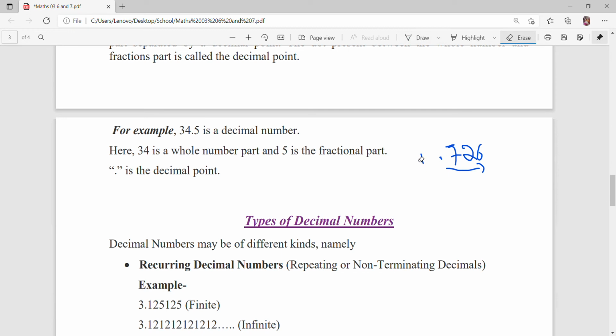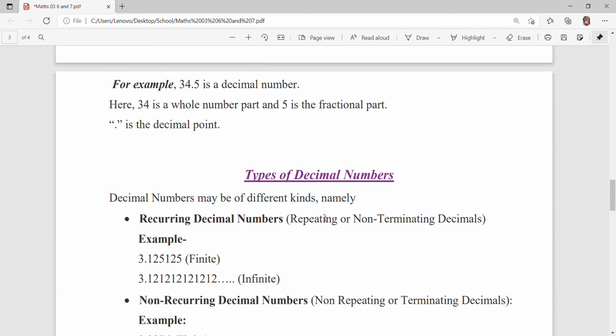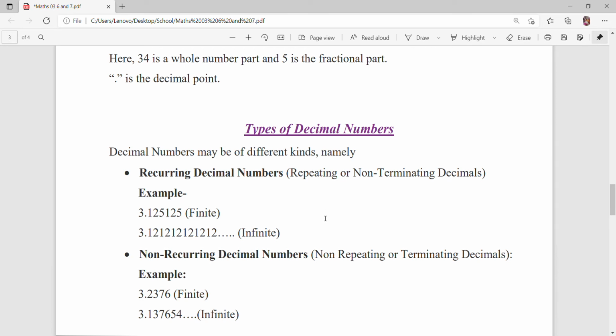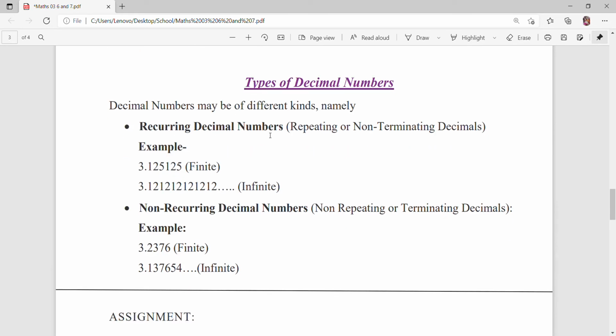Okay, next move on to the types of decimal numbers. Decimal numbers may be of different kinds, namely recurring decimal numbers, that means repeating, or non-terminating decimal numbers. Recurring decimal numbers can also be called repeating numbers or non-terminating numbers. See an example: 3 point, how should we read it?